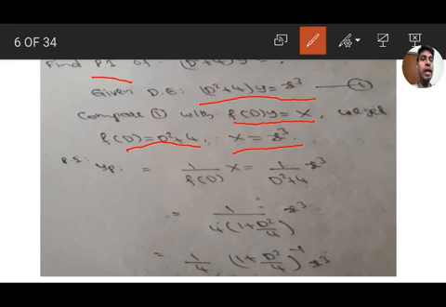Here it is asked to find only the particular integral, yp = 1 by f(d) X = 1 by (d² + 4) of x³.